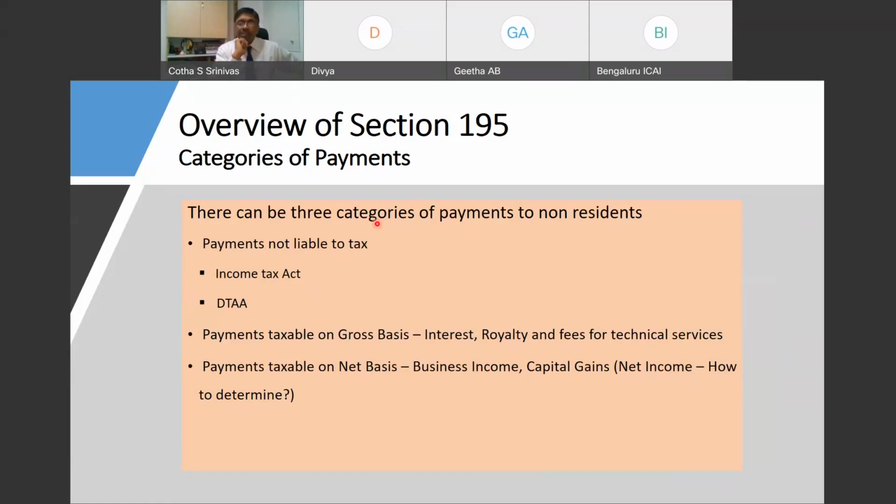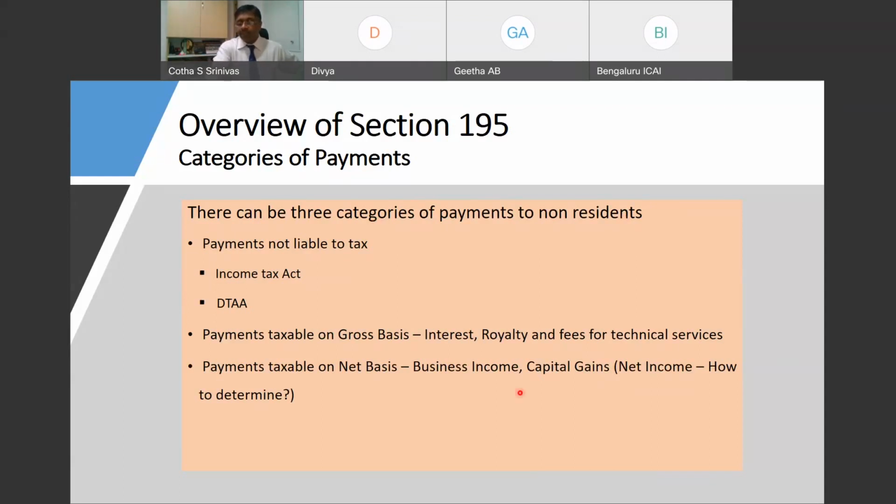If the payer is making some payment to a non-resident, and feels that the entire amount he pays is not income in the hands of the non-resident, but only a portion of that amount is income, then he can apply to the department saying that only this portion is income, and on that, I would like to deduct the TDS.